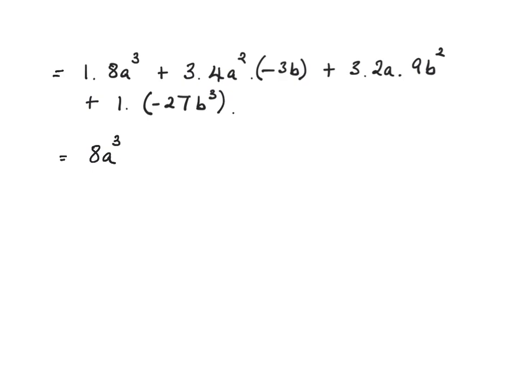Now 3 times 4 is 12, times minus 3, that's minus 36 a squared b. 3 times 2 is 6, 6 9s are 54, plus 54 a b squared, minus 27 b cubed.